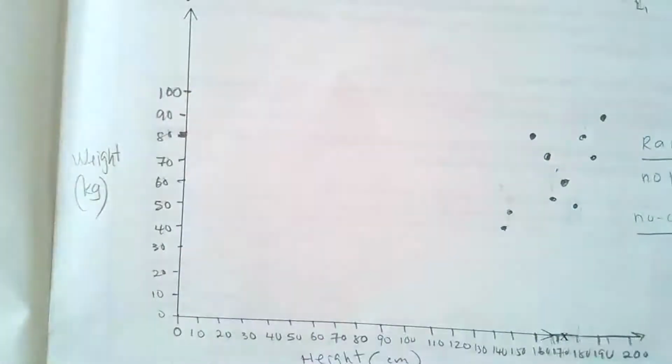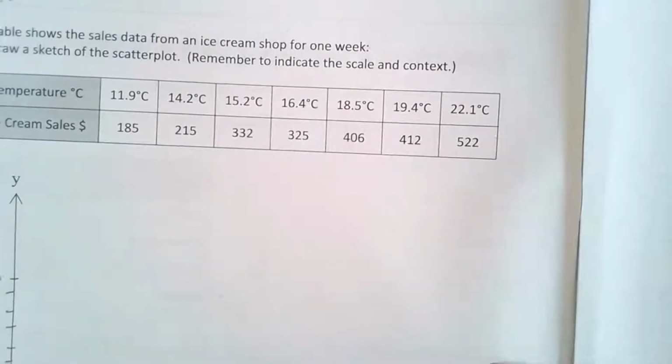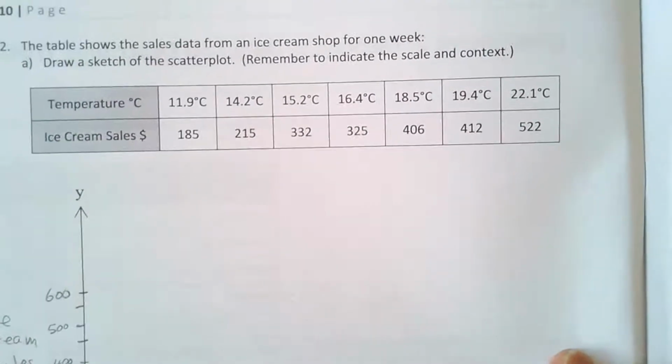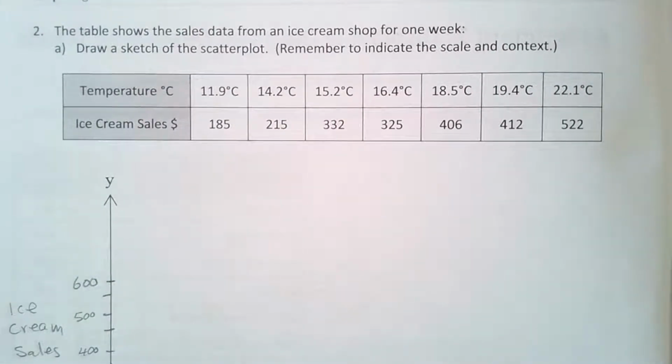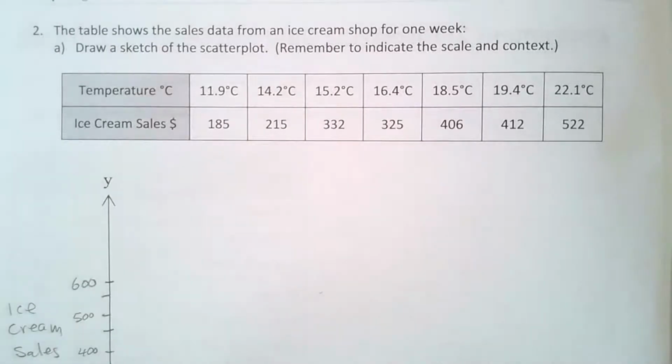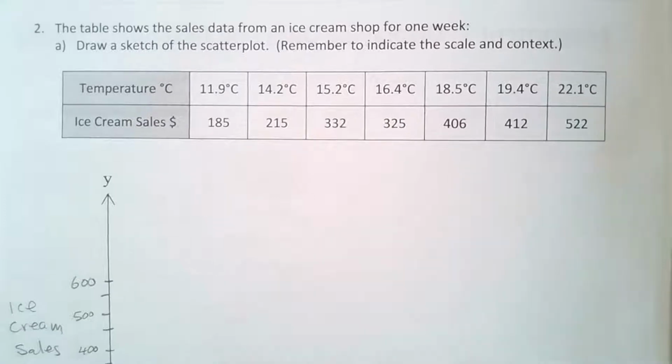So in today's lesson, we conclude this section and we'll look at 2 example questions. We look at question 2, where you're given a set of data and you're asked to sketch a scatter plot and to make sure you put your scale in the context.